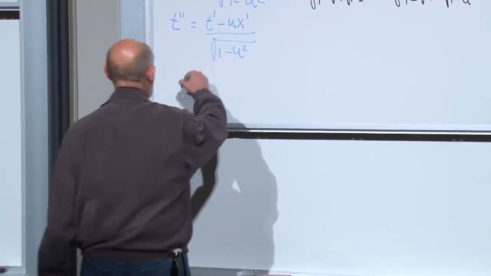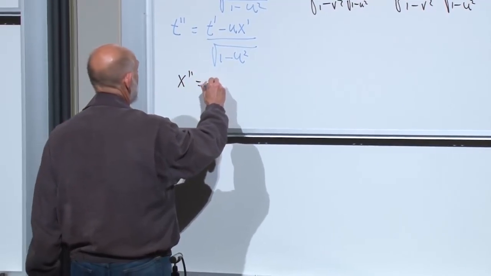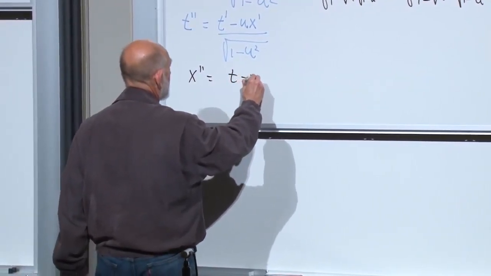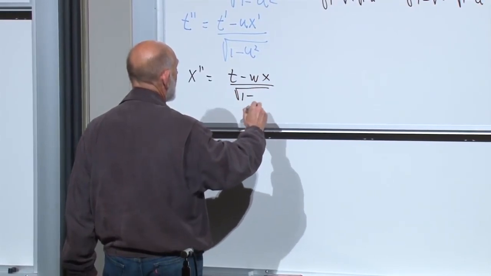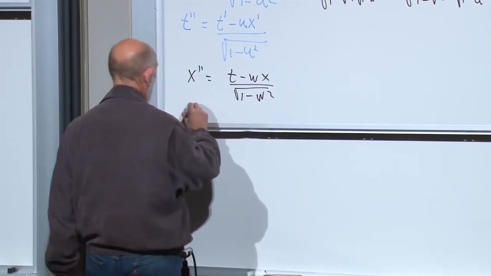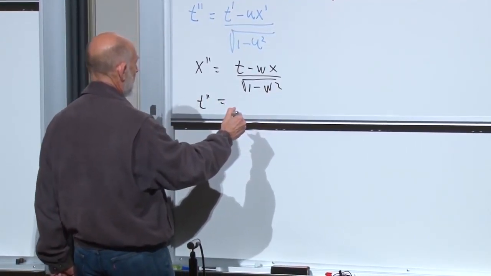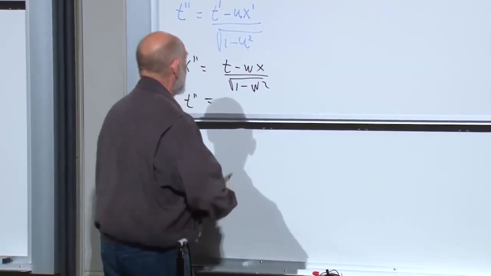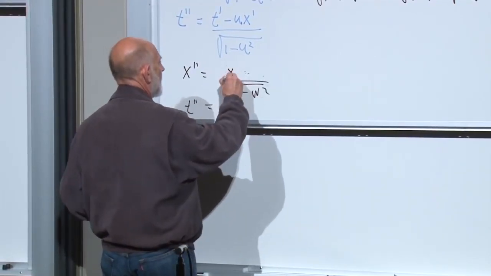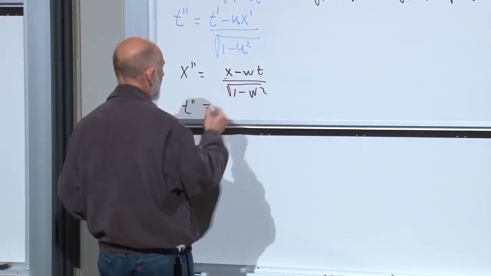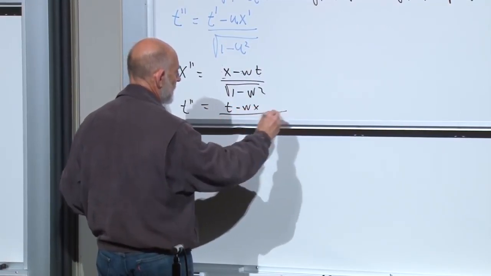We can write it in the form x double prime is equal to x minus wt, and t double prime is t minus wx, over the same square root of 1 minus w squared.